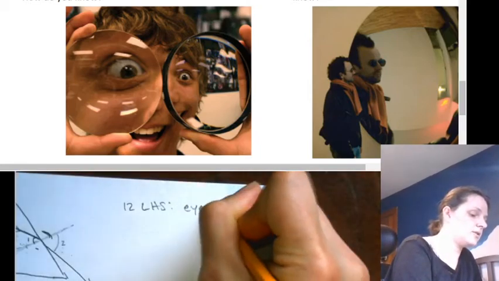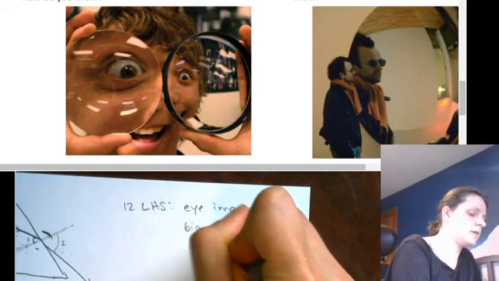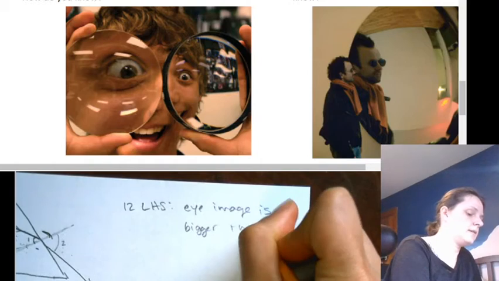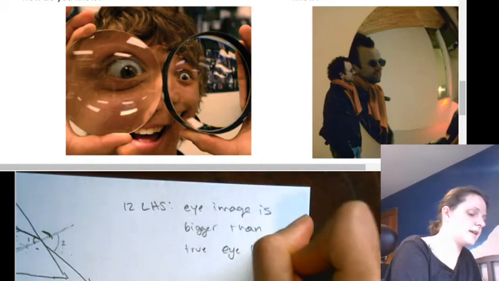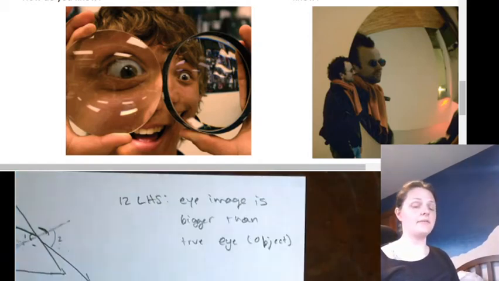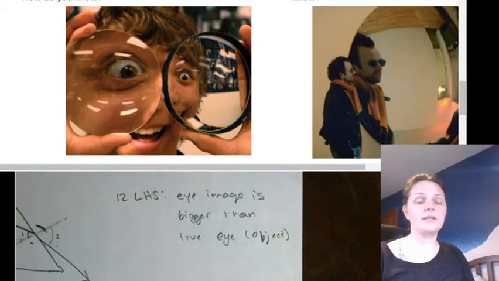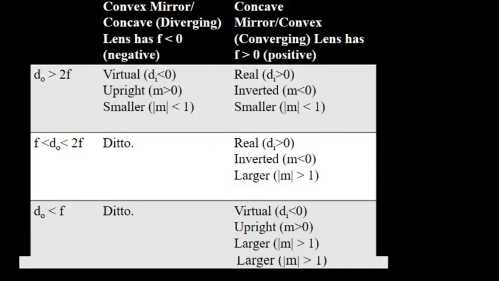Eye image is bigger than true eye. And of course that true eye is the object. Okay, so I'm looking for something to be bigger, and let's go through and see what we can see to find something that is bigger.